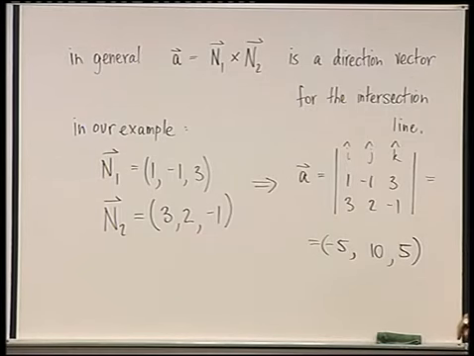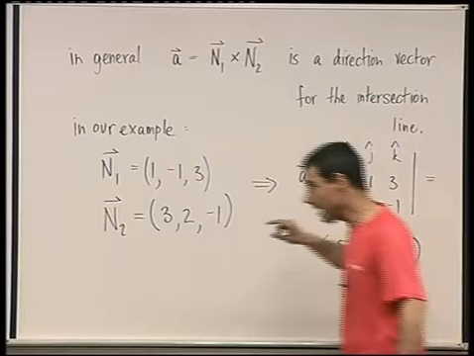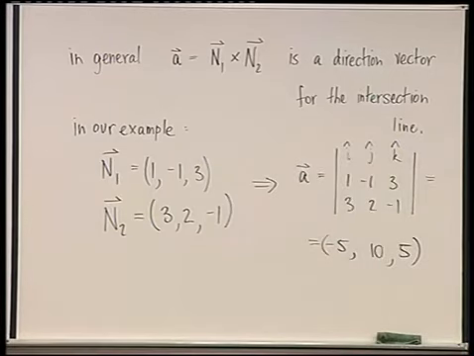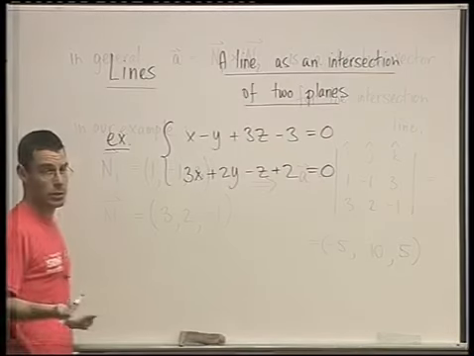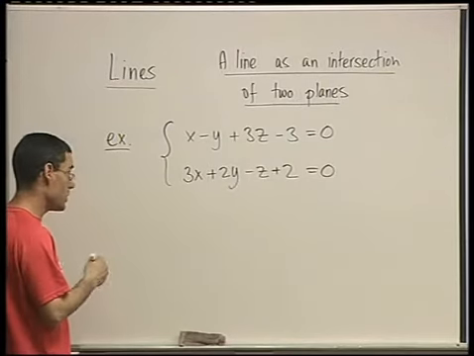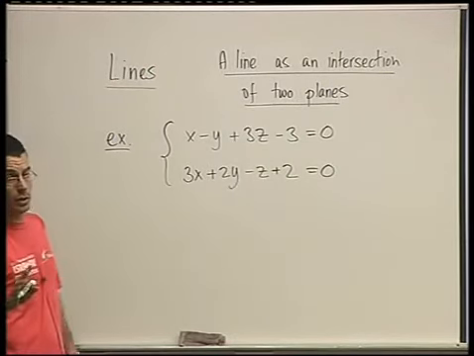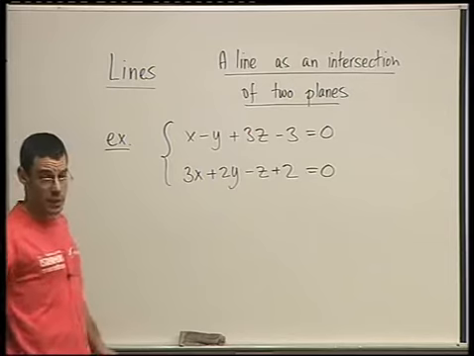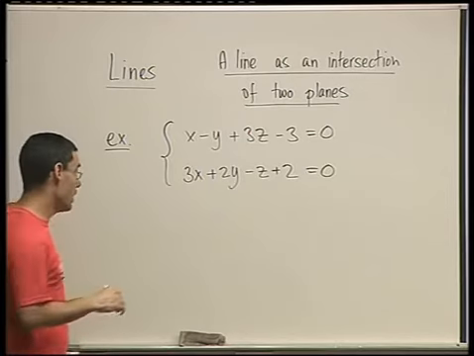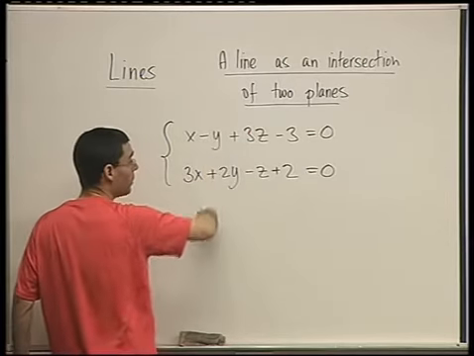And now we need to find the point. Okay, so we have the direction vector. Now we need a point that satisfies the two planes. Okay, so let's go back to the two planes. Here they are waiting for us. And we want to solve this system of equations. How do you solve a system of equations? There are various ways. You're going to learn some sophisticated ways in your algebra course. But this is a very simple one.